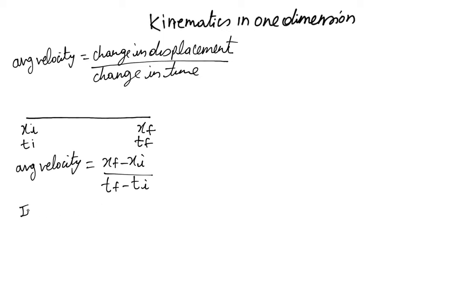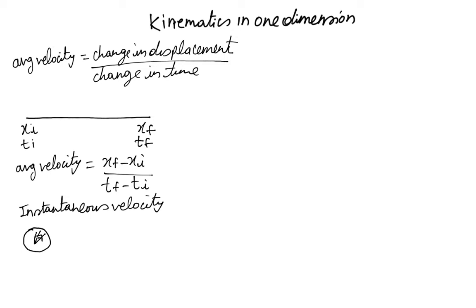I would like to introduce you to something called instantaneous velocity. Now let's say it was you who was traveling from xi to xf in your car. You can certainly calculate the average velocity by using this formula, but while traveling on the highway, you might have noticed that your speedometer is not really at one particular place.